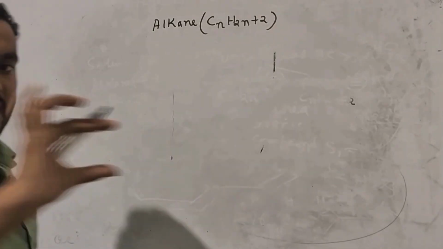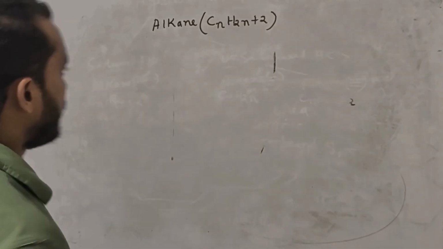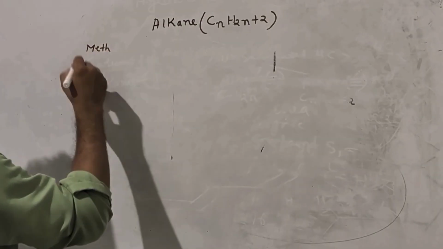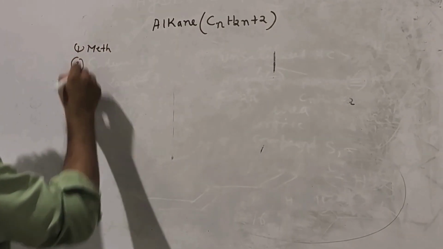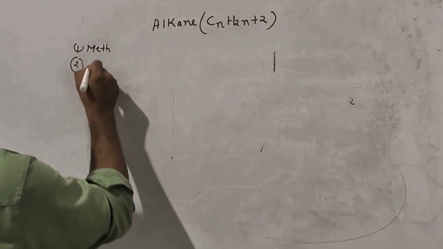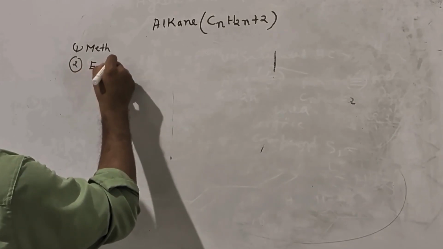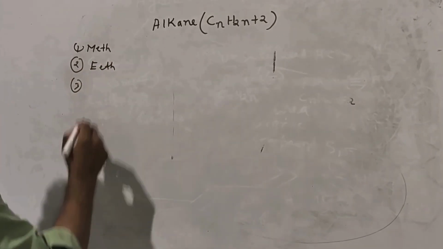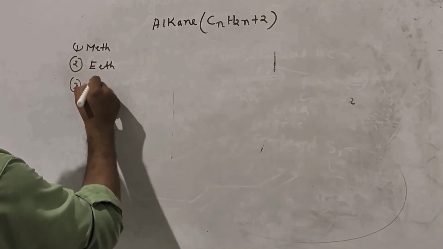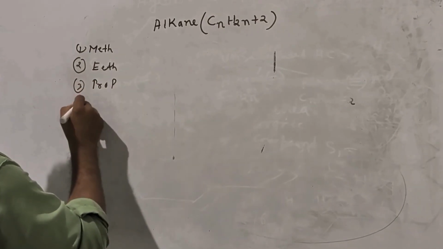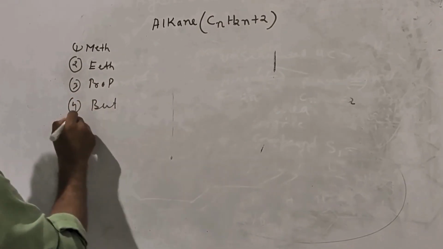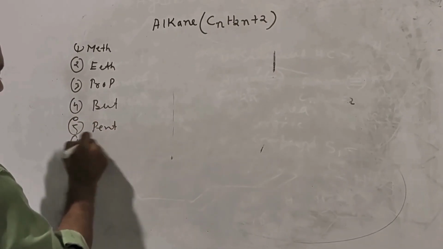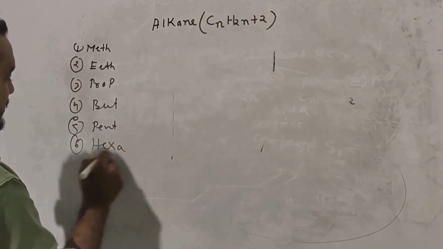You see, in a carbon chain, if there is one carbon, we call it meth. If there are 2 carbons in a carbon chain, we write eth. If there are 3 carbon atoms, we call it prop. If 4, then but. If 5, then pent. If 6, then hex.